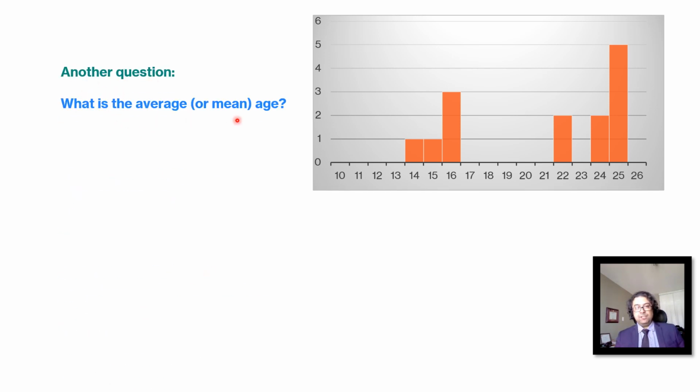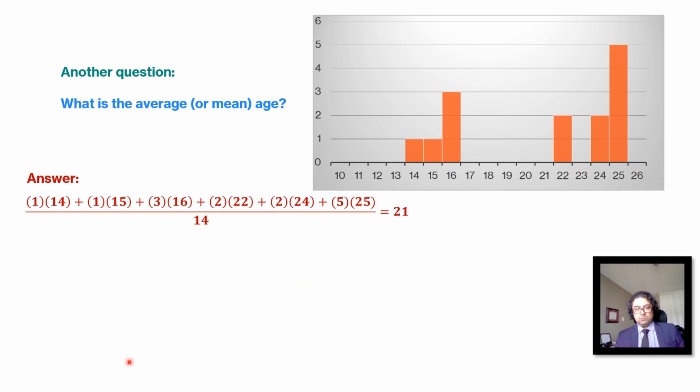What is the average or mean age? Now, usually people mistake average with median. Here I would show you how to calculate the average. There's a difference between the average and median. The average, as you probably all know from high school, is given by multiplying the age by the number of students, summing them all up, and dividing it by the total number of students.